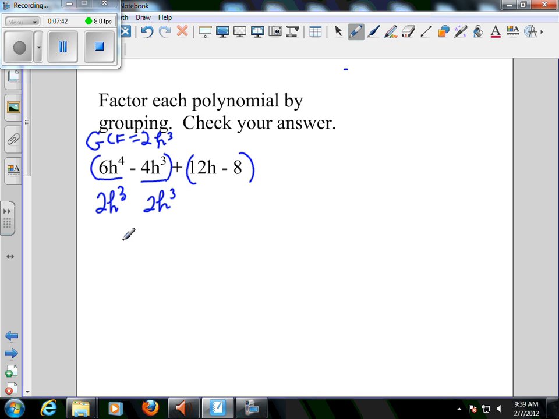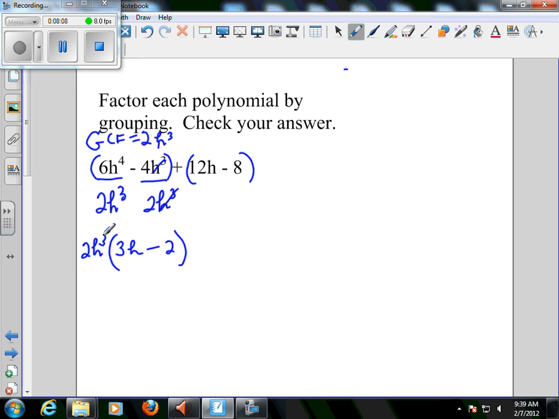And this is only in the first set of parentheses, by the way, we're doing it one set at a time. We end up with 3h minus 2, because the h to the 3rds cancel, and negative 4 divided by 2 is negative 2. So put your GCF in the front. So we have 2h to the 3rd.